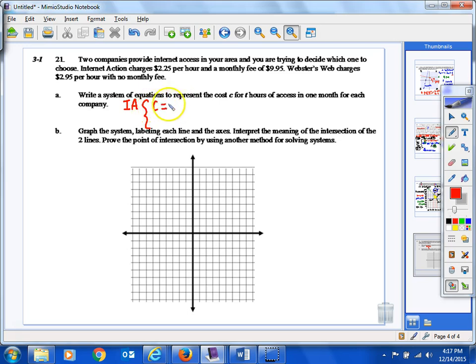Okay, so C, cost for Internet Action, is $2.25 an hour, 2.25 times T. And then they've got this monthly fee. It's not really based on hours of use. It's just a monthly straight up charge of $9.95. So that equation would represent the Internet Action charging structure.